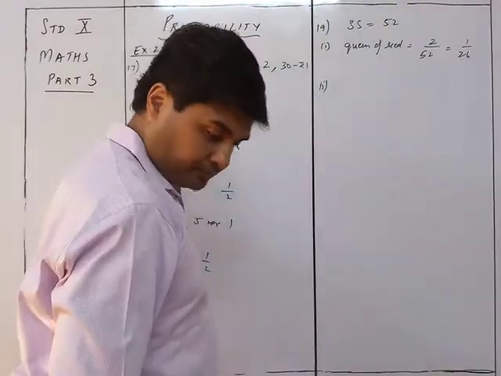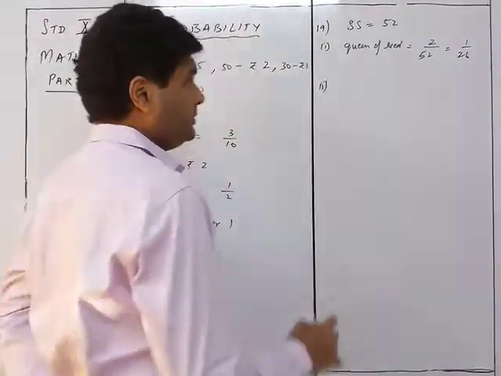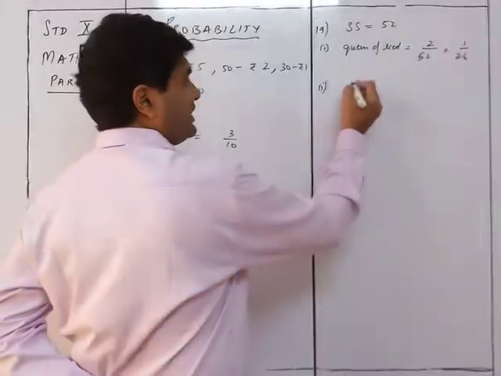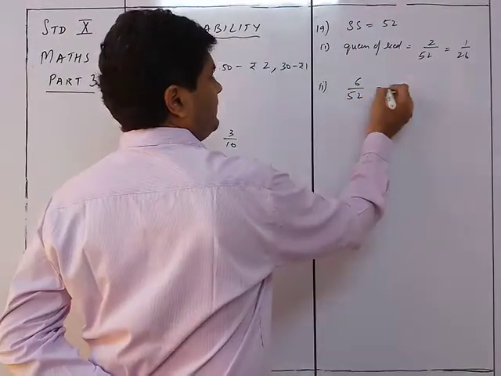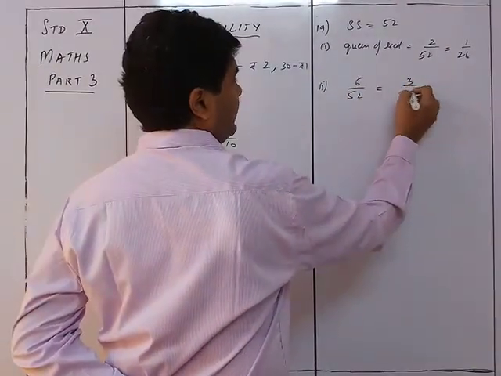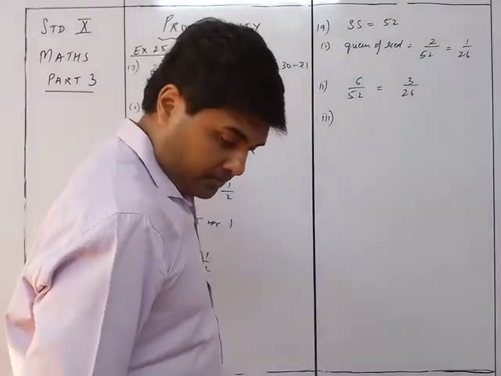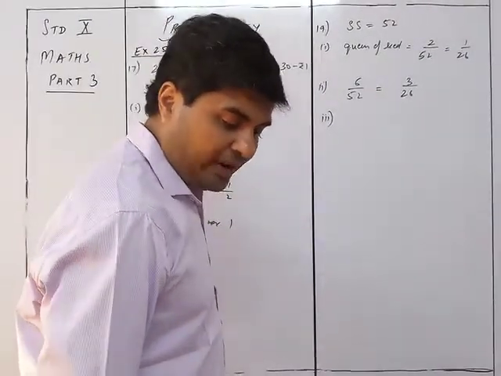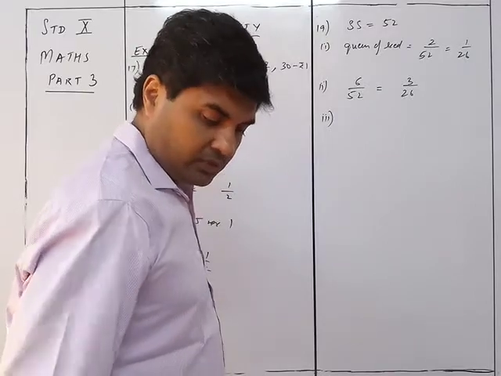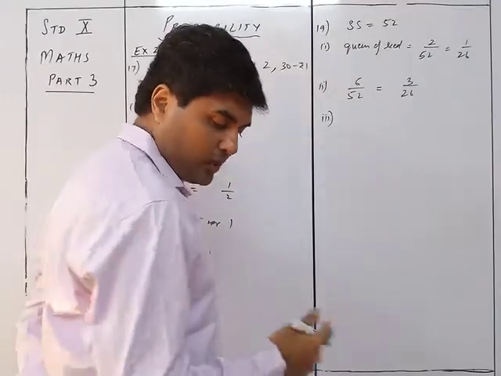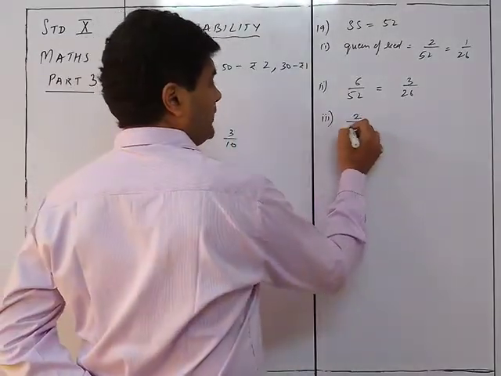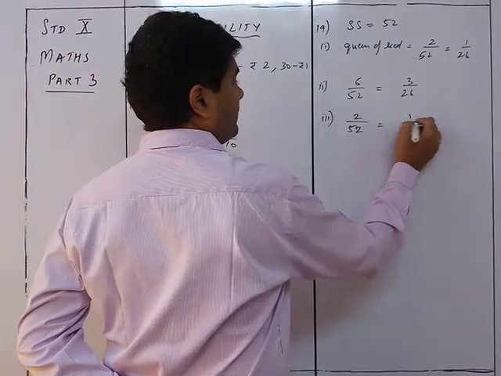Second one, black face card. There are 6 black face cards, so 6 upon 52, that will be 3 upon 26. Third, a jack or a queen of hearts, so only 2 cards. So 2 upon 52 is equal to 1 upon 26.